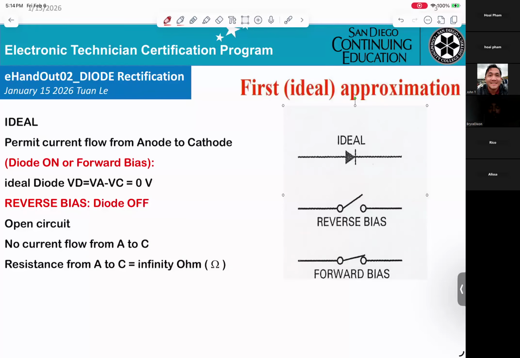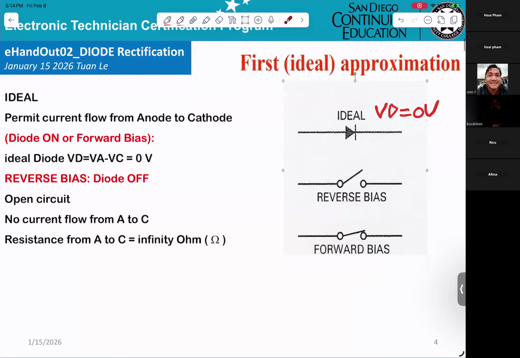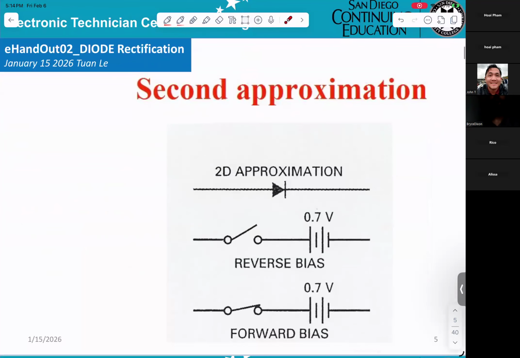Ideal diode means VD equals 0 volt. Never happened. We cannot get the ideal diode. The only thing is, when they do not get the current flowing, they open. When the current gets flowing, they close.